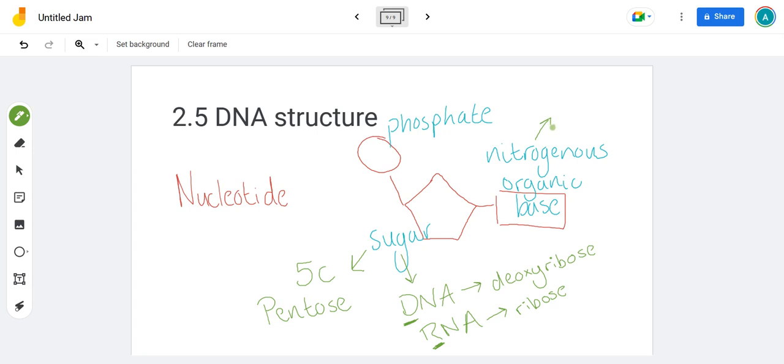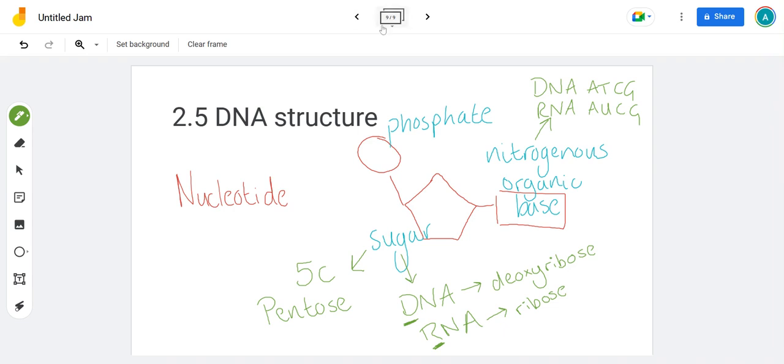What you do need to know is that in DNA, the bases are A, T, C, and G. In RNA, they're slightly different: A, U, C, and G. So we've got a U instead of the T. You need to know the four bases in DNA and in RNA. If you were asked to draw the nucleotide for RNA and for DNA, the only difference would be the name of the sugar and possibly different bases.